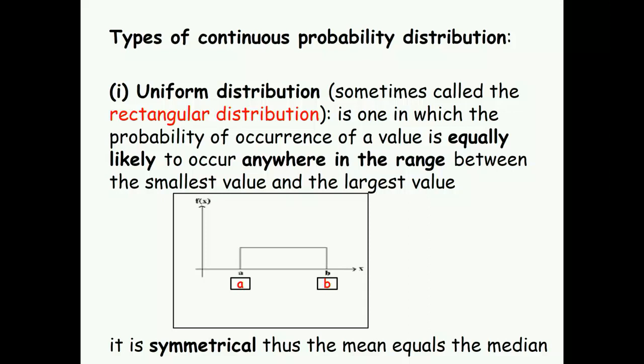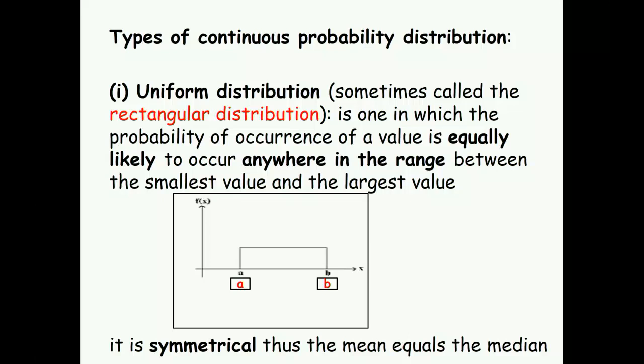So the probability always remains the same for the same distance. Let's say here you have A1, A2, A3 of the same size. What is the probability between A and A1? It would be around here. What is the probability between A1 and A2? It would be again the same. That's why it is uniform.